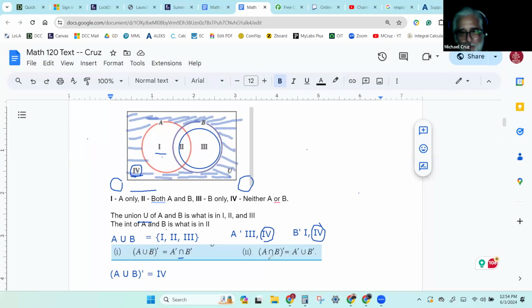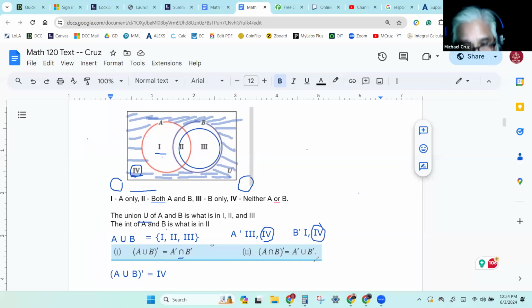Notice on this side, on the left-hand side now, we have the intersection of A and B, and so the complement of that. So when we take the complement of that intersection, it becomes a union. And then the complement passes on to the other 2.